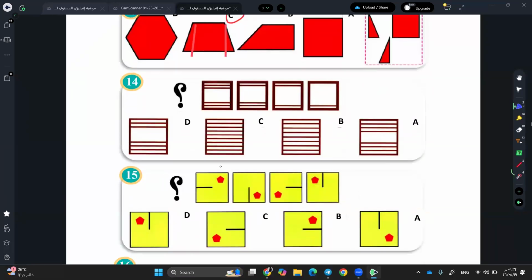Okay, question number 14. It's a pattern. It wants you to complete the pattern. So let's see here, Ala. Yes, question number 14, it's a pattern and it wants you to complete.